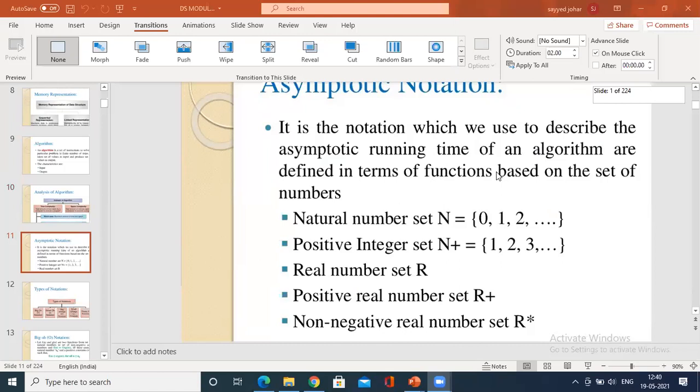One is whether my algorithm or program runs faster, or whether it consumes less amount of memory. So two major aspects you take into consideration are memory, and second is time, at what faster time you can execute your program.